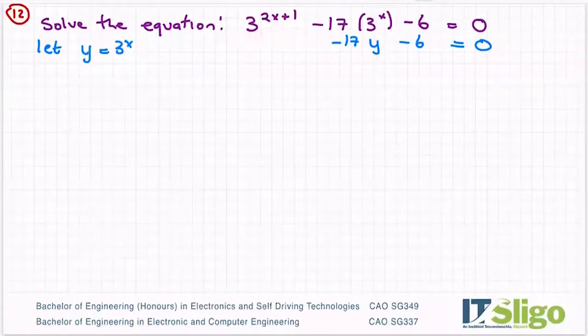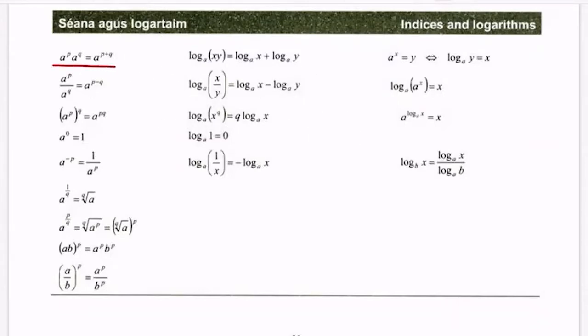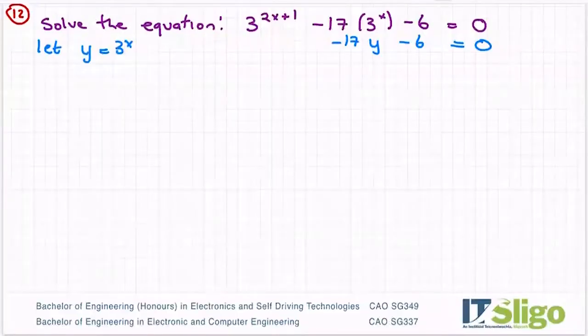So I need to use the rules of indices to break down this term to allow me to write it in terms of y. It's mainly these two here that I'm underlining. So remember what we had was a 3 to the power of 2x plus 1.